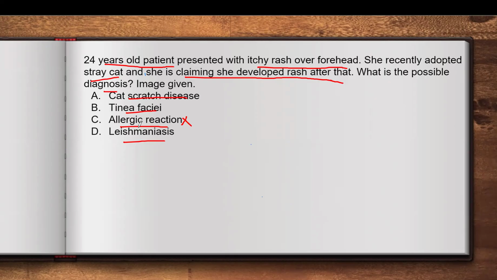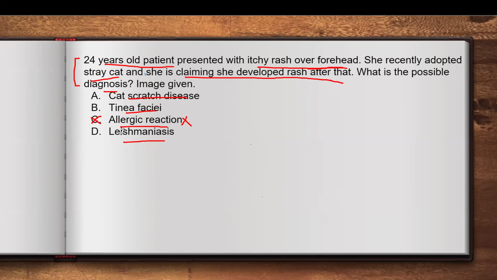For example, if it is to a drug or anything, it is usually a very widespread rash. If it is a contact dermatitis, usually it is on the area where the contact happened. But this is just over the forehead, and no mention of any contact is present that would show any allergic reaction. So we can rule this out.